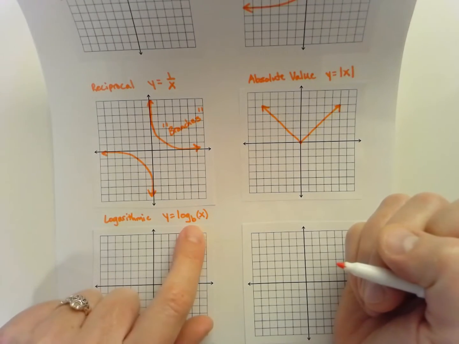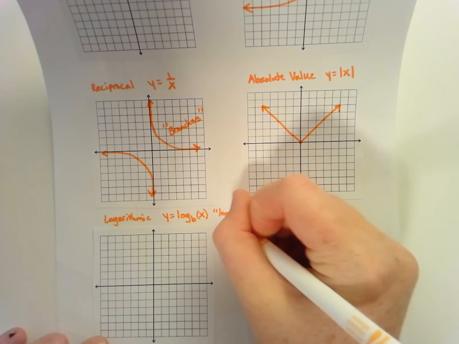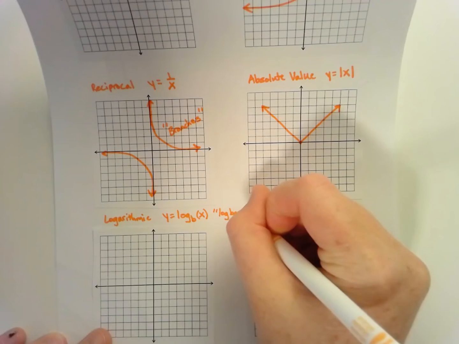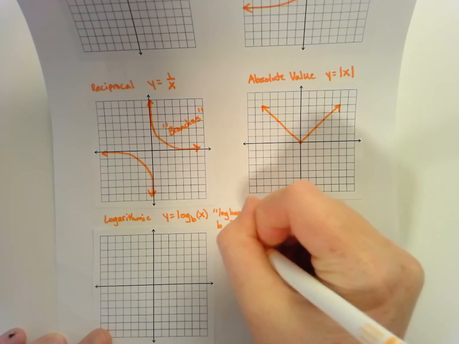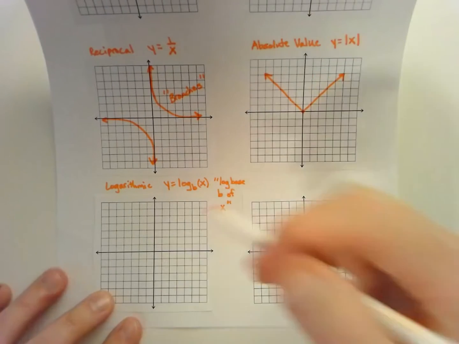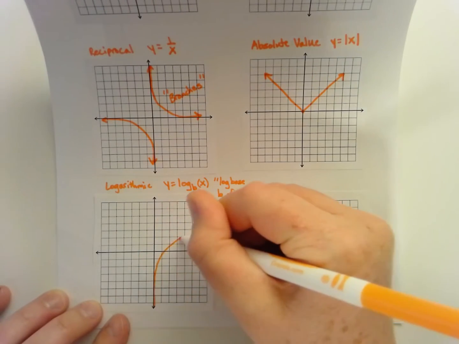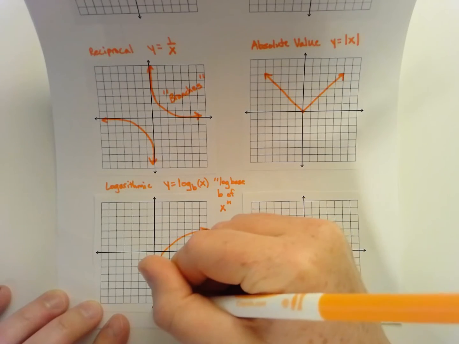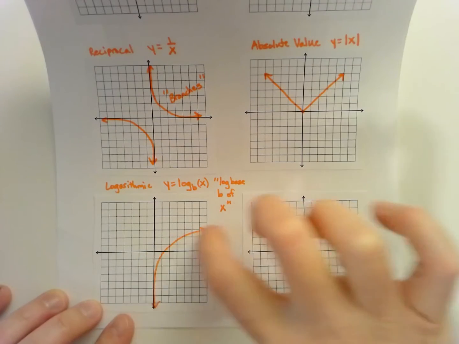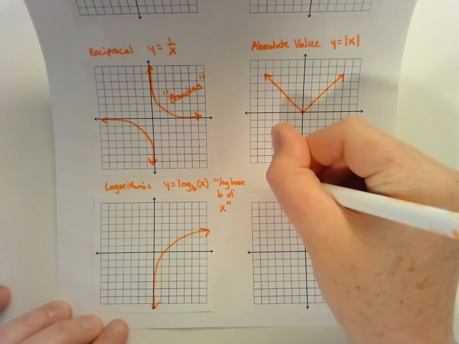We say that as log base b of x. A lot of people have trouble with that. And then it's going to come kind of from negative infinity up and level off. But that's just kind of what the basic function looks like. Again, that's all we're worried about right now.